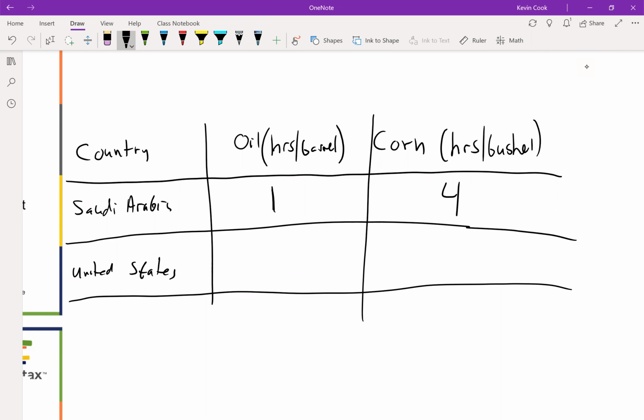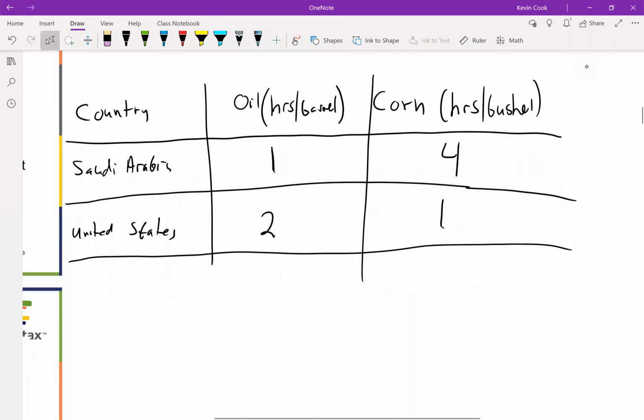Then in the U.S., it takes 2 hours to produce 1 barrel of oil, and it takes the U.S. 1 hour to produce a unit of corn. So again, what this is saying is how long does it take to produce 1 unit? And with this, we're looking at how many resources we have to give up.